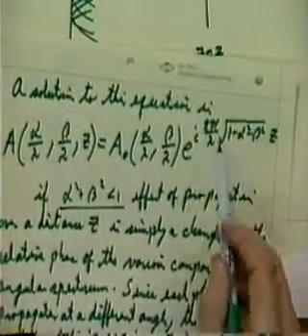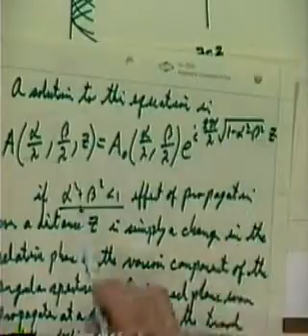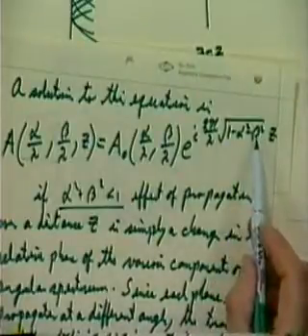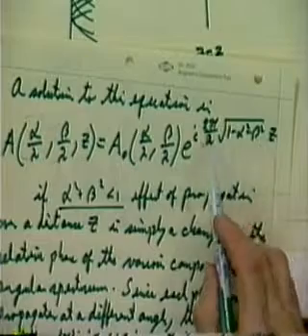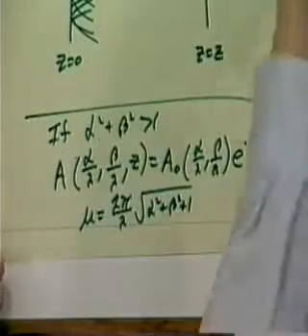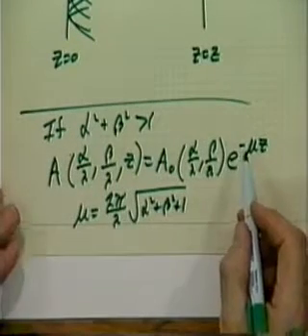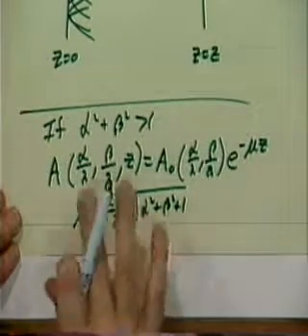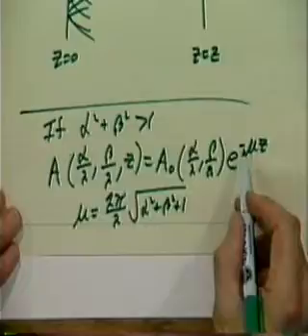So I simply went back to this, made alpha squared plus beta squared greater than 1, and we got another i, which multiplied by that gives us a minus 1. And we get this thing here, which means that these are strongly attenuated.